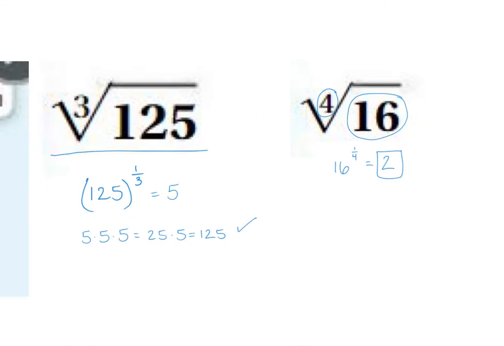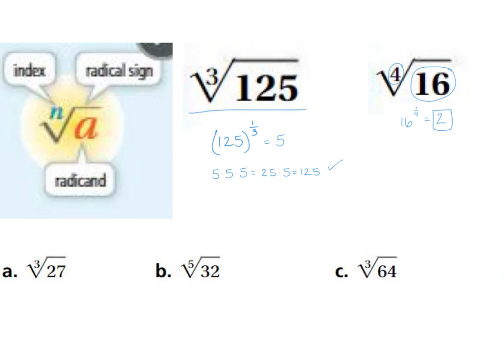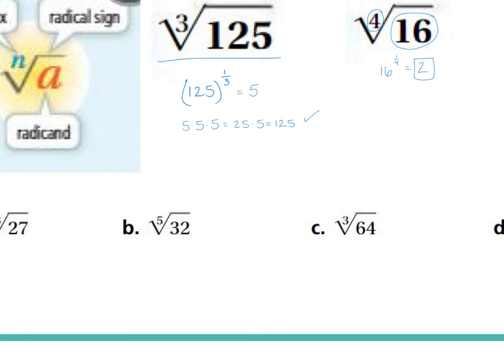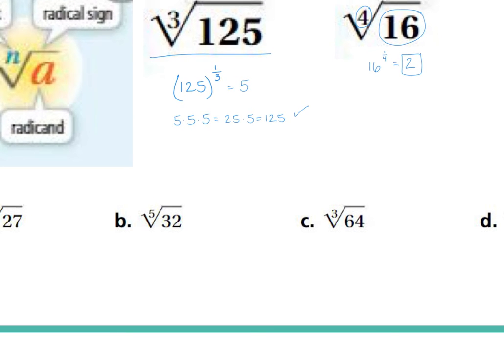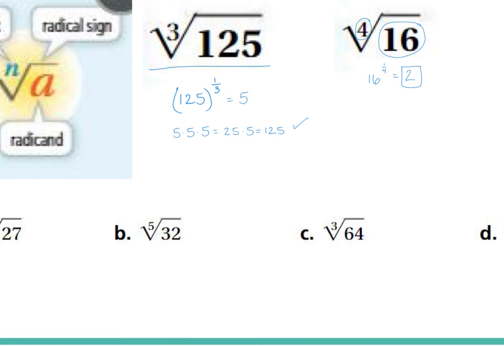All right, we good so far? We've got a bunch down here. I want you to copy down all 4 of these. So the cube root of 27, the 5th root of 32, the 3rd root of 64, and the 2nd root, or the square root, of 36.